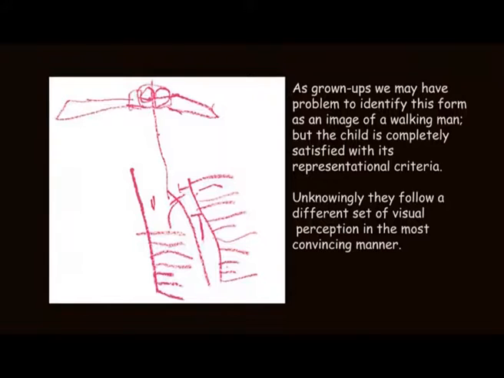But there is also a stage, let us say till the age of 5 or 6, when it's not that he or she won't be able to pick up these techniques, but they refuse to pick up those techniques because they are already living in a world of visual perception where these quote unquote accurate representational techniques are not required yet. So unknowingly, these children follow a different set of visual perception and they follow it in a very convincing manner.